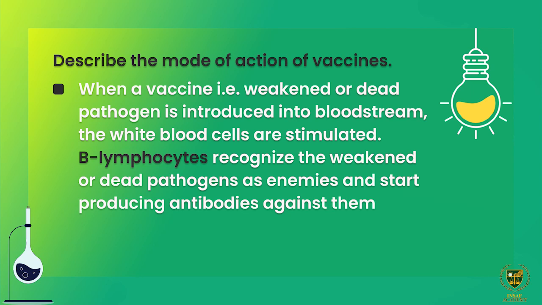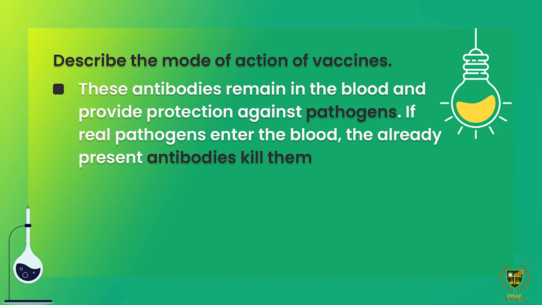They recognize the weakened or dead pathogens as enemies and start producing antibodies against them. These antibodies remain in the blood and provide protection against pathogens. If the real pathogen enters the blood, the already present antibodies kill them before they multiply.